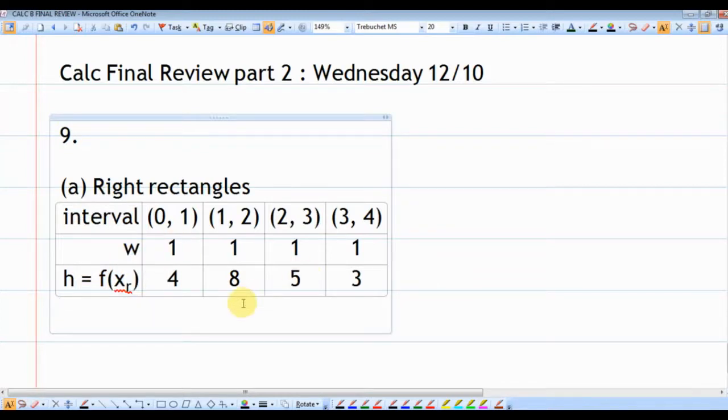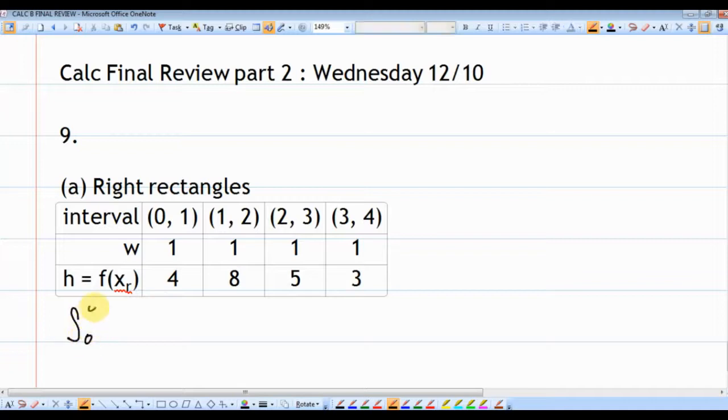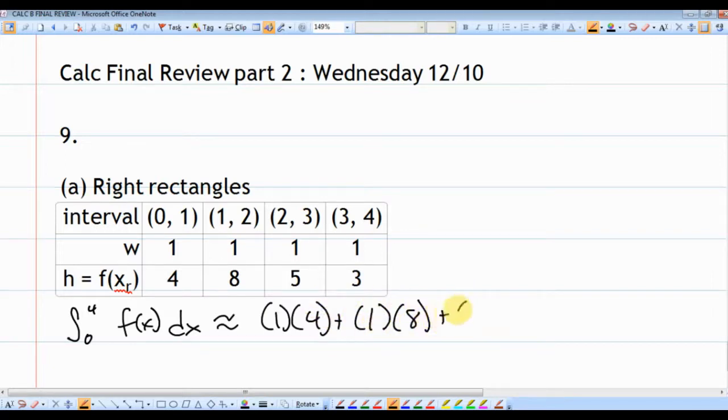And this is specific to the right rectangle, so now we can write our integral. The integral from 0 to 4 of f of x dx can be approximated by 1 times 4 plus 1 times 8, 1 times 5, 1 times 3.